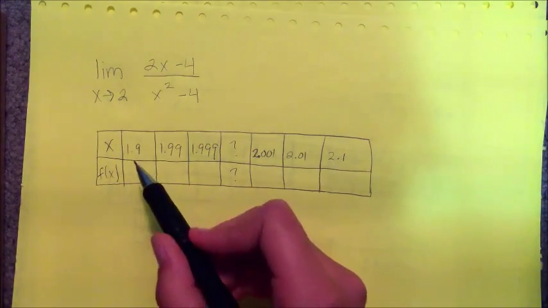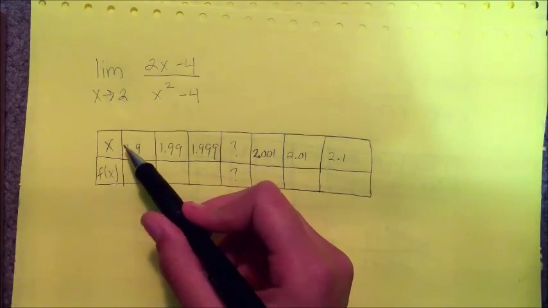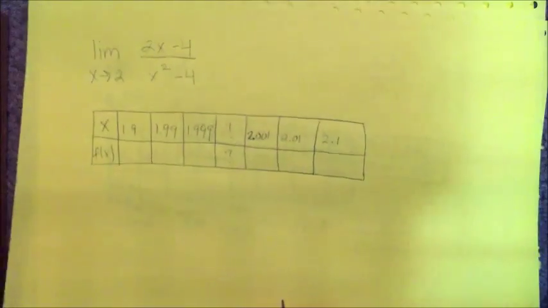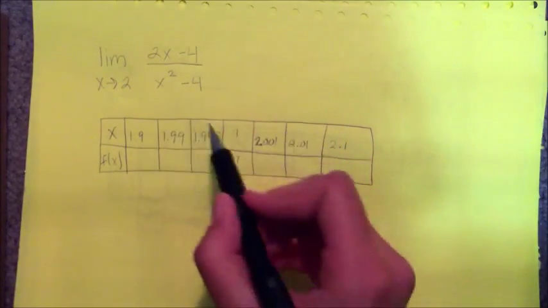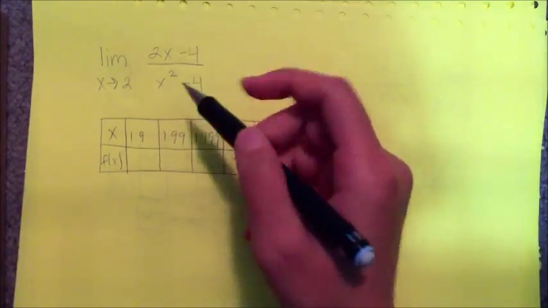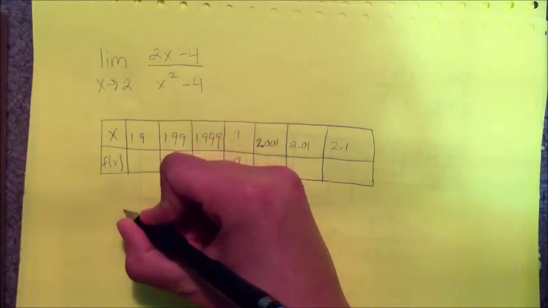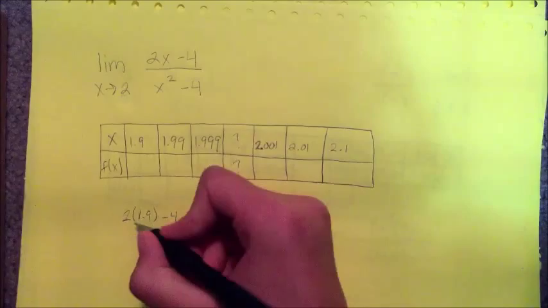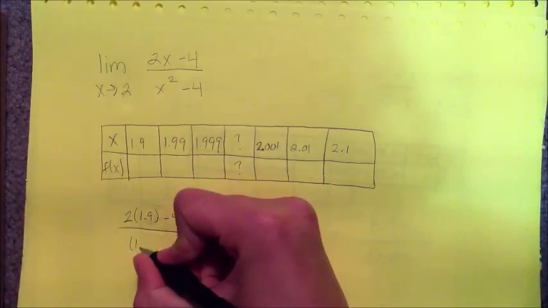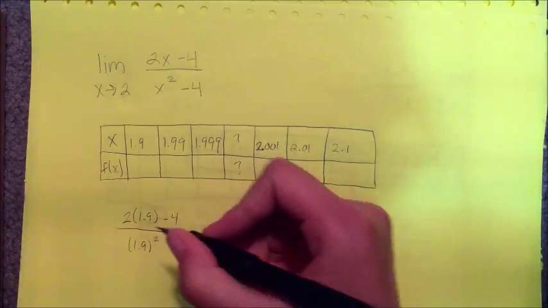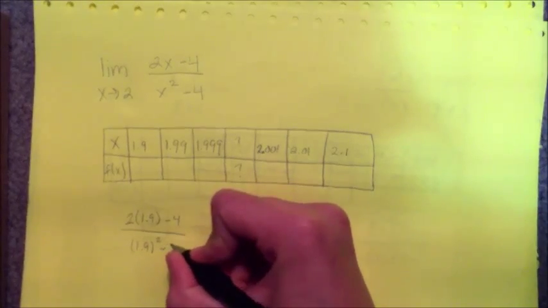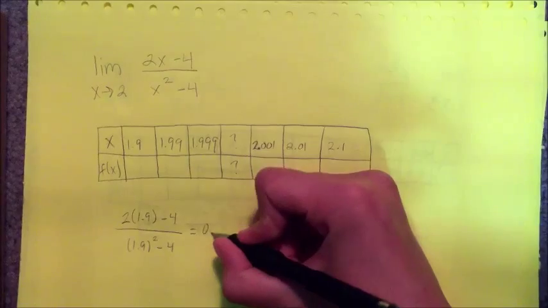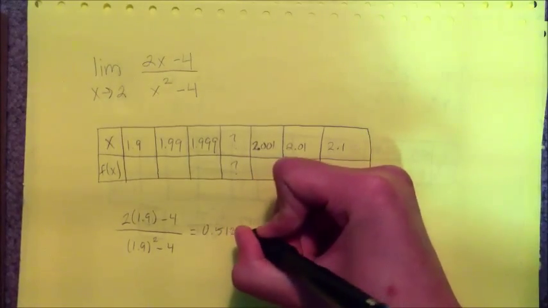So we continue to find x values that approach 2 from the left and from the right, and we can plug each of these x values into this function, so we will get 2 times 1.9 minus 4 over 1.9 squared minus 4. Plugging this into the calculator, you should get 0.5128.